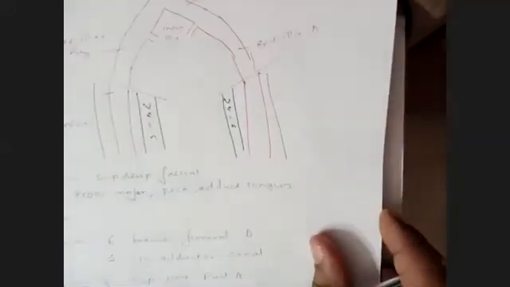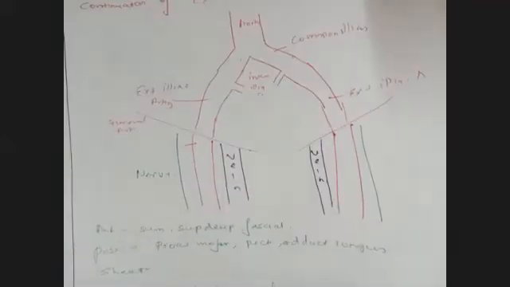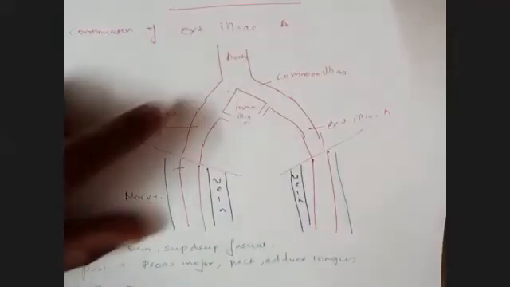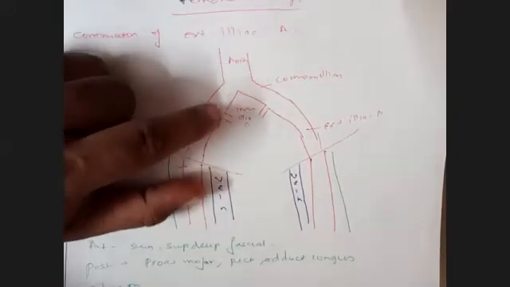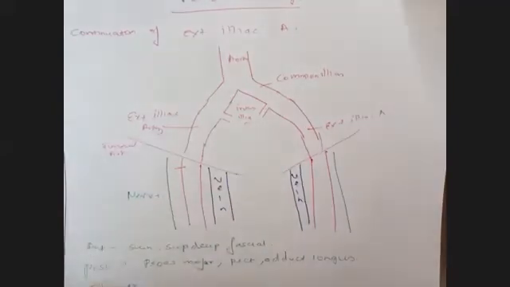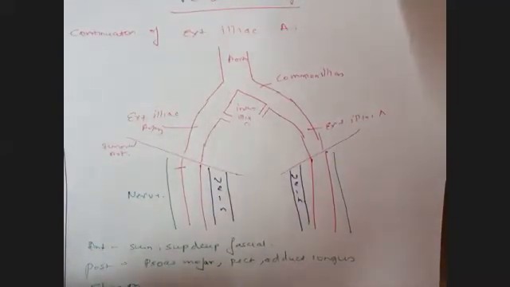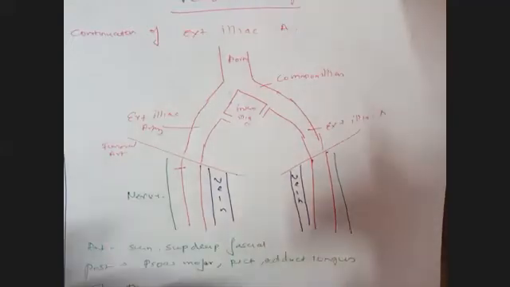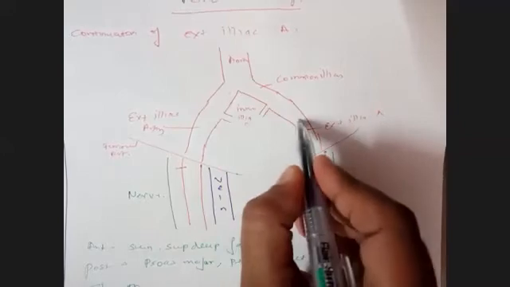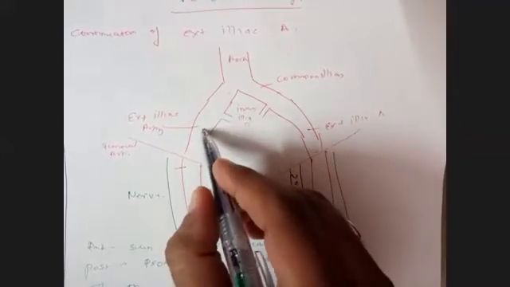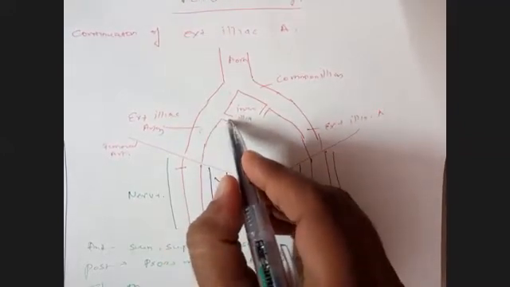Now I'll give you a brief idea about the femoral artery. This is the abdominal aorta, which divides into the common iliac arteries, the terminal branches of the aorta. Each common iliac artery is further divided into internal iliac artery and external iliac artery.